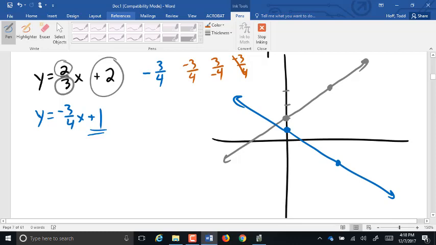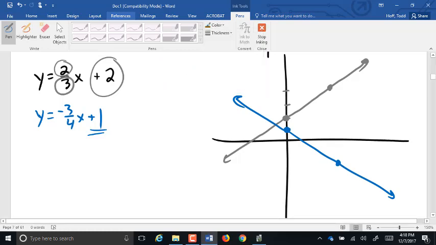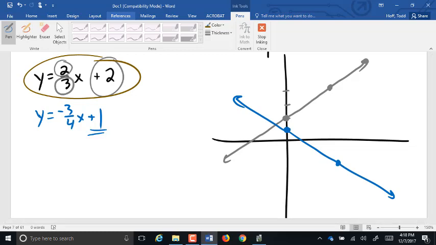What do each of these lines represent? Well, that gray line there, of course, goes with this top equation. It represents all of the solutions, all of the pairs of numbers that make that equation true. If I pick out a point right here, let's say I trace that down, that's x equals 1.